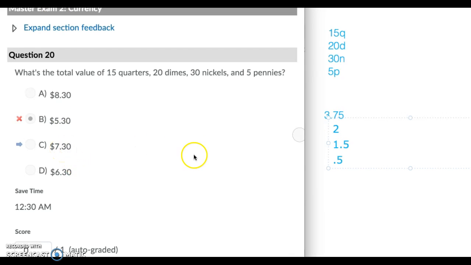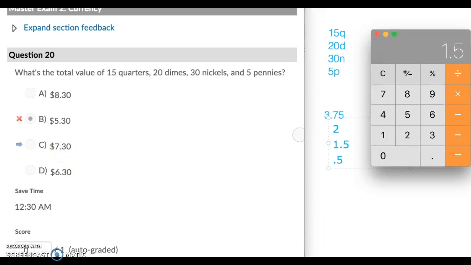Oh, did we do our math wrong here? 15 times 0.25, 0.10 times 20, 0.05 times 30, and 5 pennies.